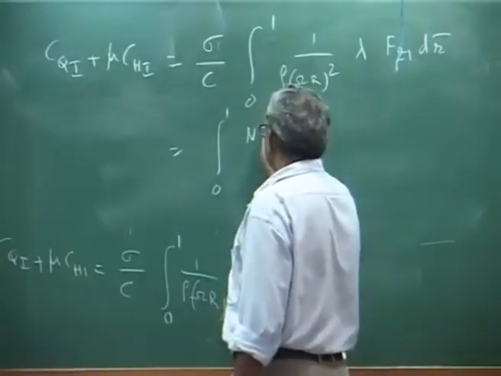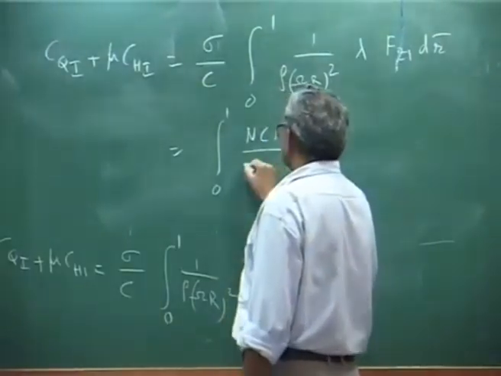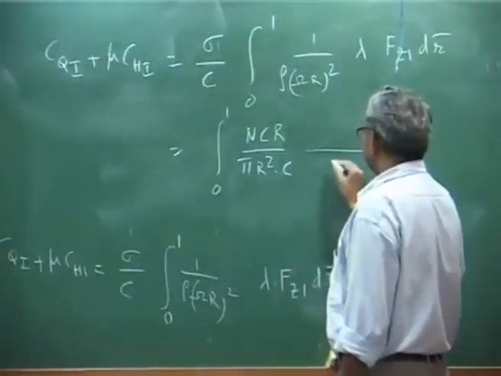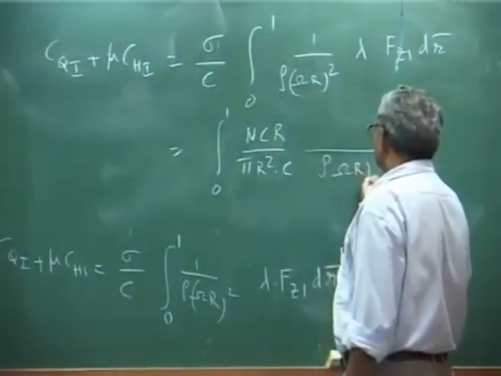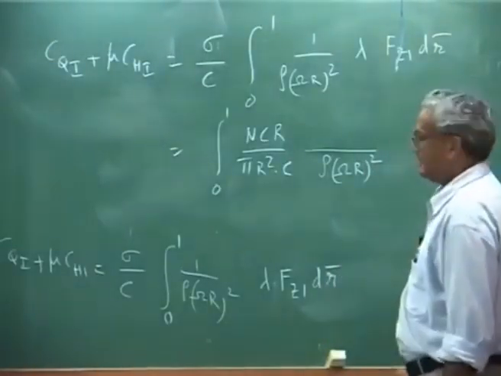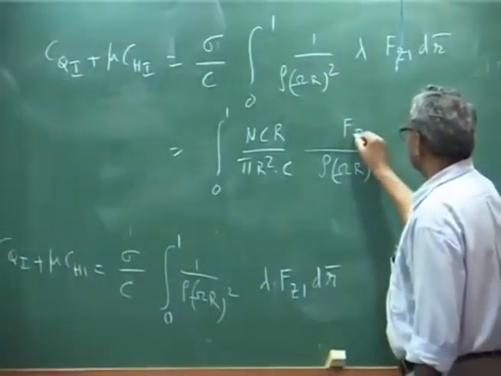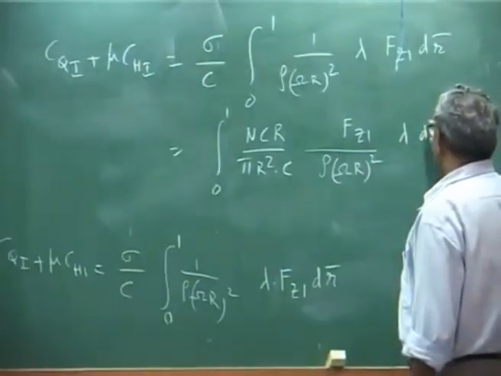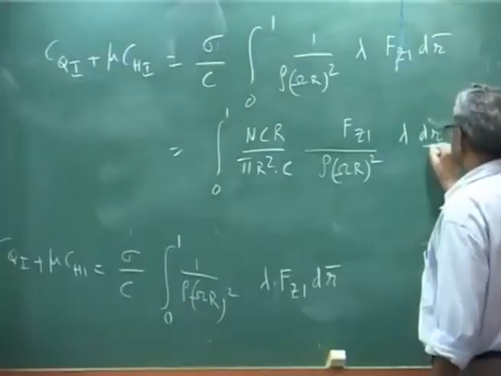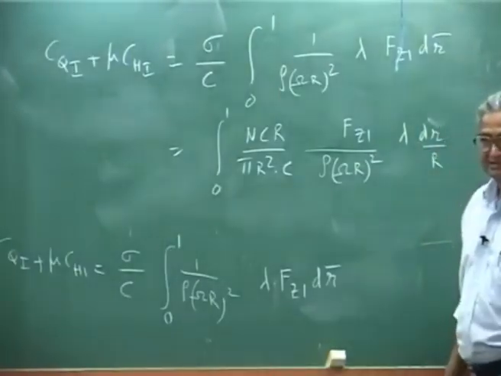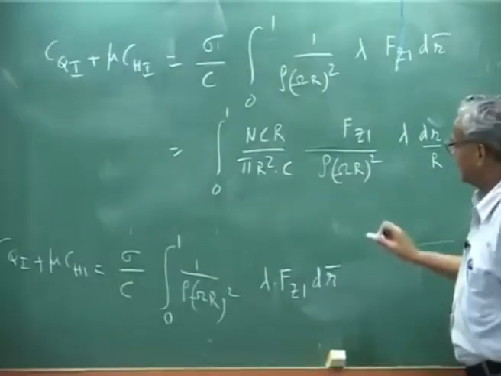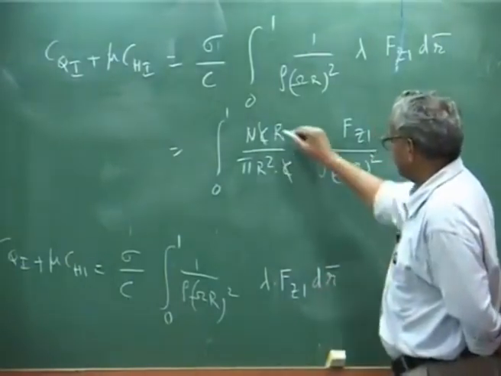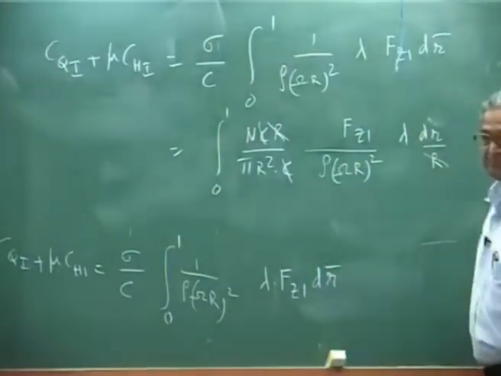So N C R over pi R square into C, rho omega R whole square, and you have Fz1 lambda dr bar. Dr bar is dr over R, right? Now, N C you cancel out, this R you cancel out.